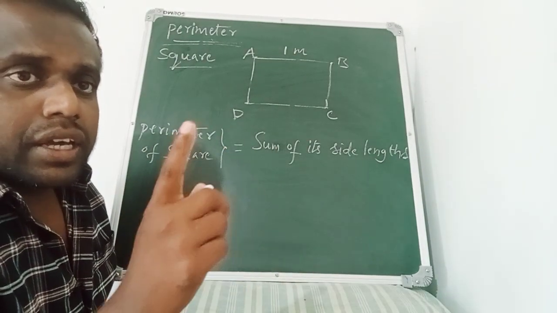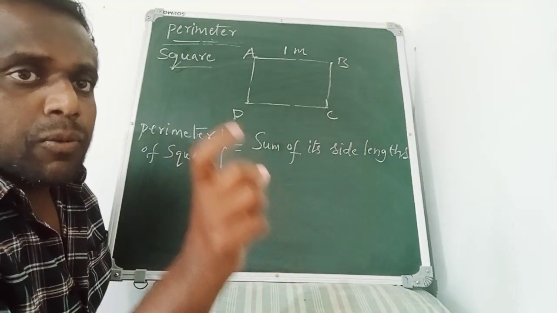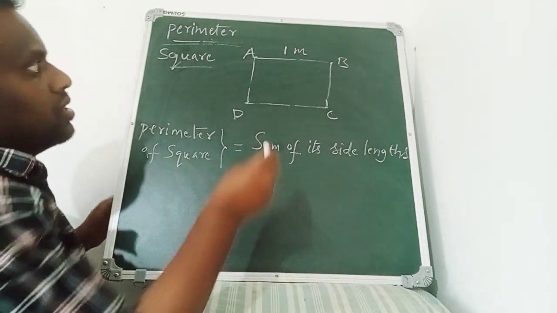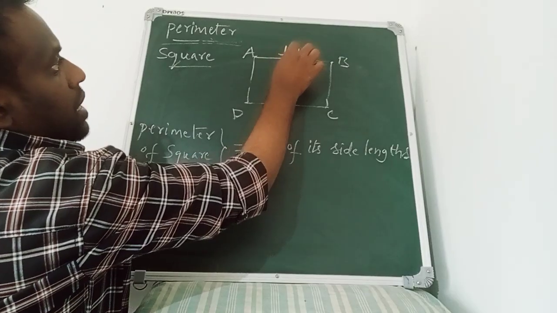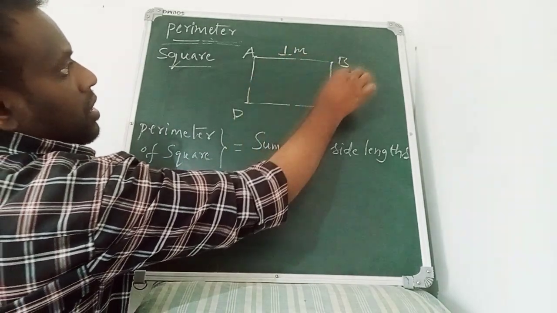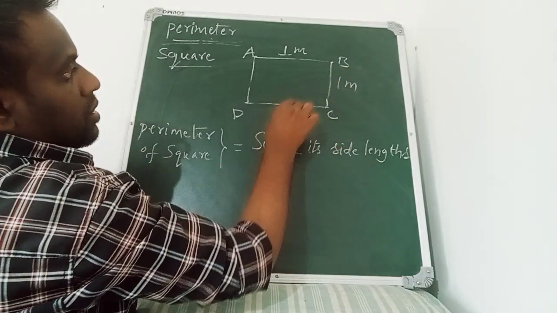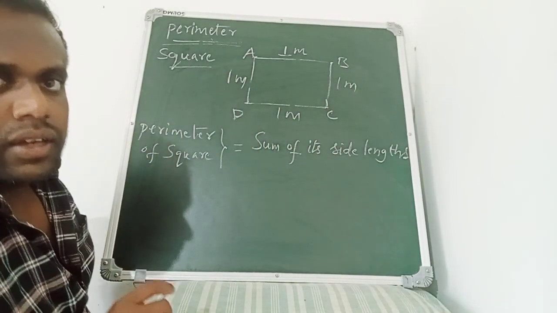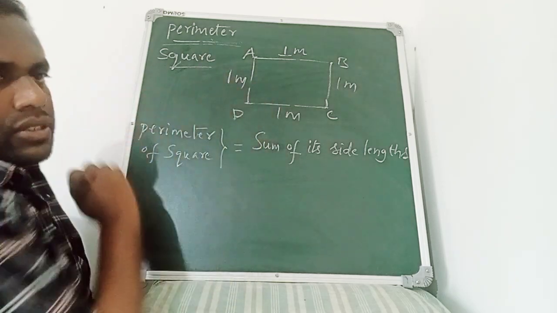So whenever they give the side length of one side, you can find the side lengths of the other sides. So they have given one side length, 1 meter. Since all side lengths are equal, here also 1 meter, here also 1 meter, here also 1 meter. Okay. First you have to do this.